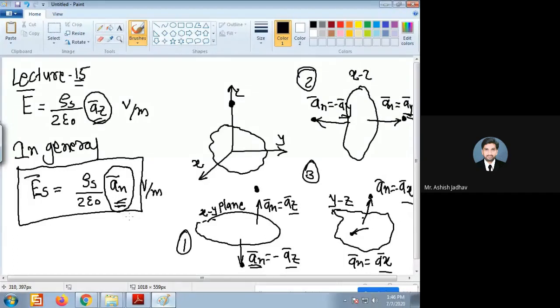So depending upon the situation, we can write the unit vector for this normal. Normal means perpendicular from a given surface. Clear? Understood why I have written A bar n in place of A bar z? Why I have written A bar n?